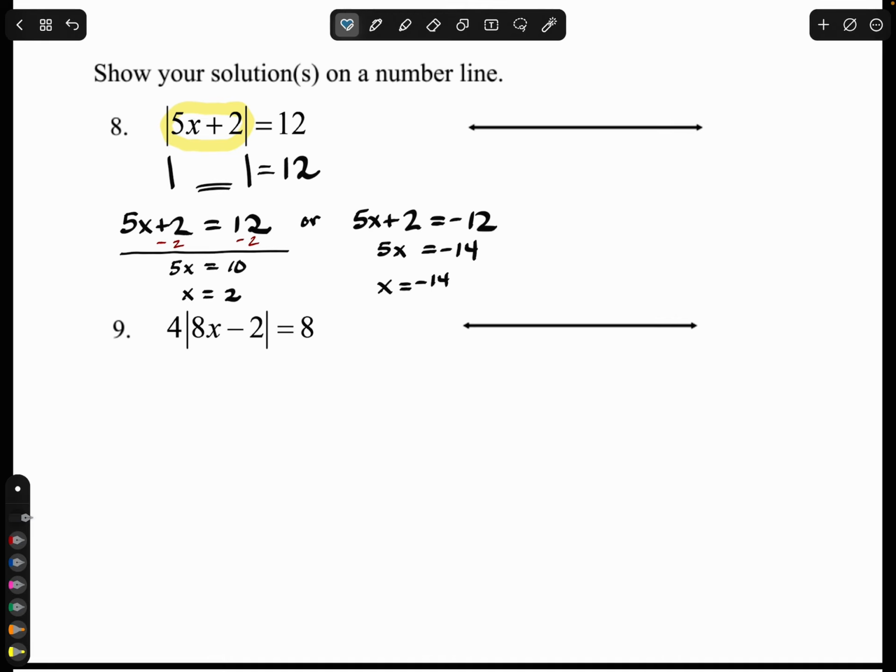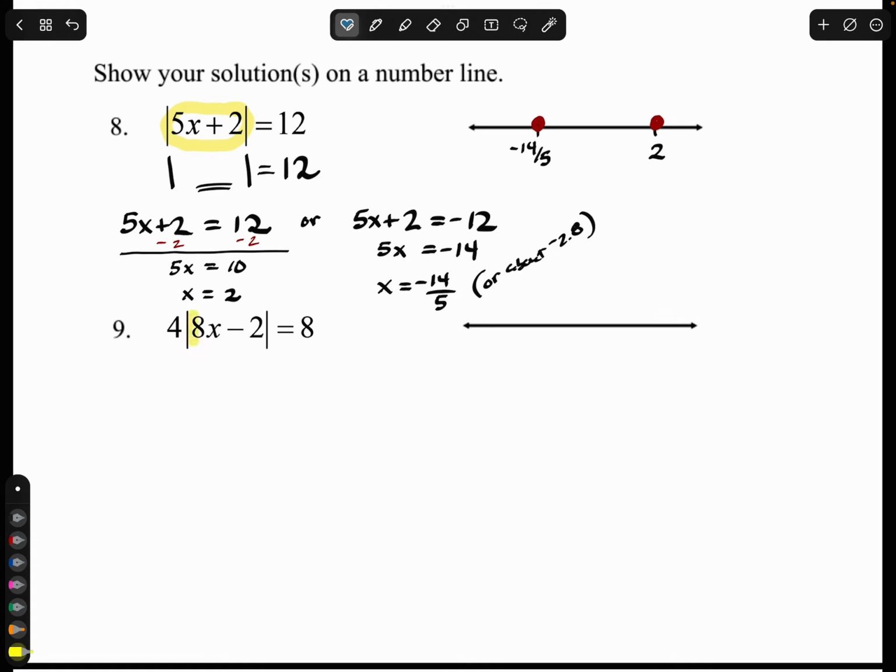And then we divide each side by 5, we're going to get x is equal to negative 14 fifths. That's about negative 2.8. So when we plot these on the number line here, I'm going to go ahead and put my negative 14 fifths on the left. I'm going to put my positive 2 on the right. And we just need to make sure that we have closed circles there, because those are the solutions.